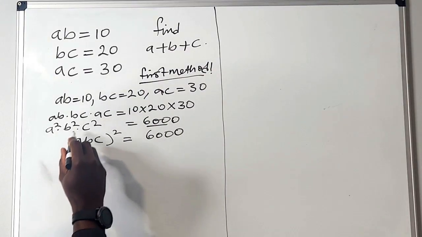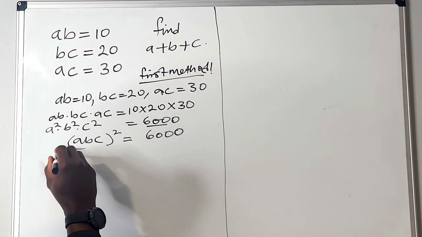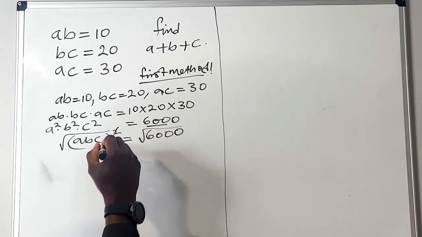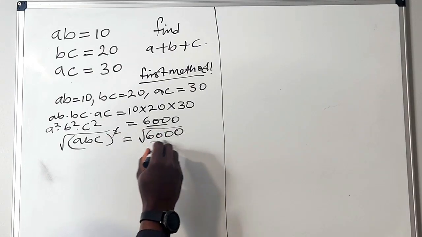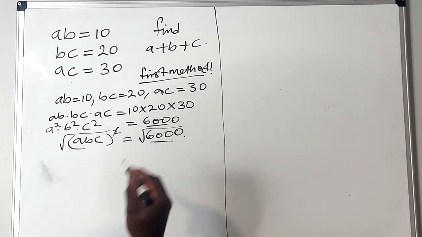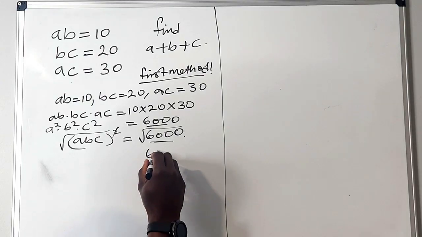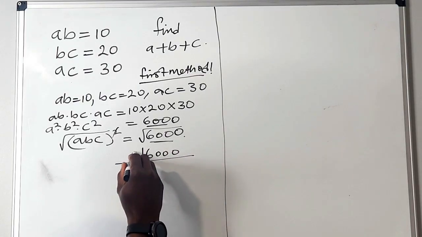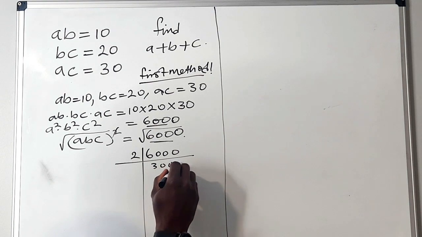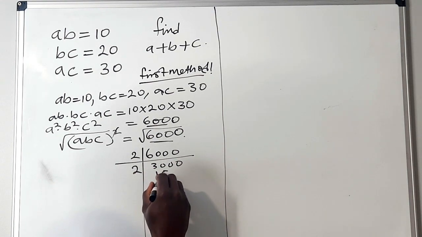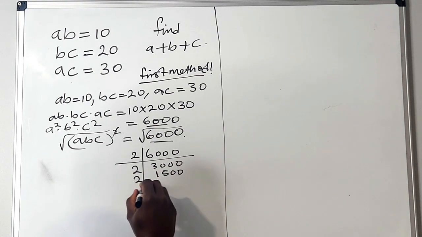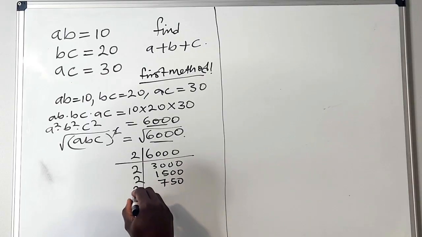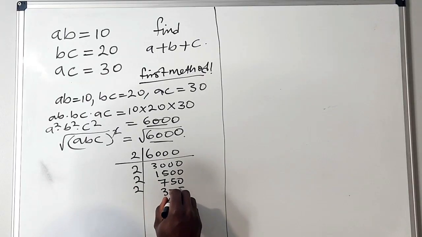Now, if we take the square root of both sides, that cancels out. What's the square root of 6,000? So we'll take the LCM to try to find that out. 2 here is 3,000, 1,500, 750, 375.